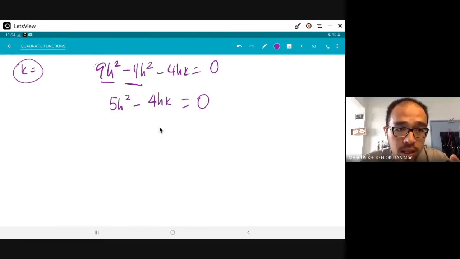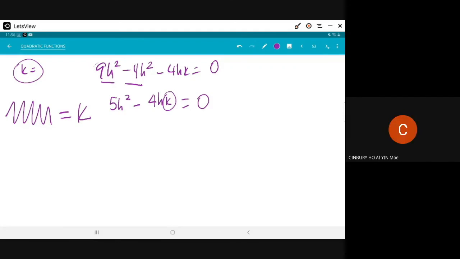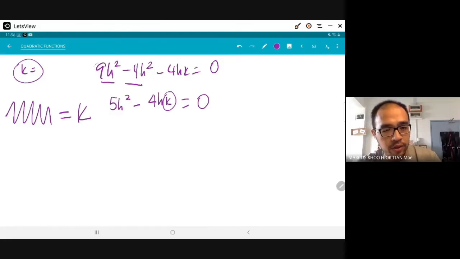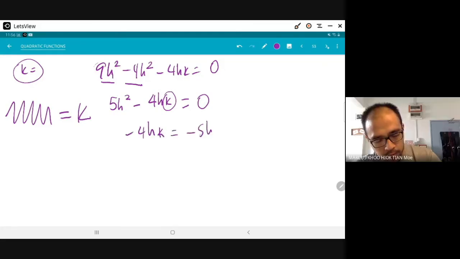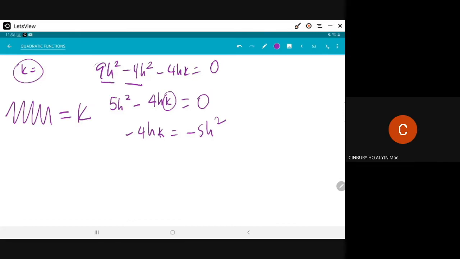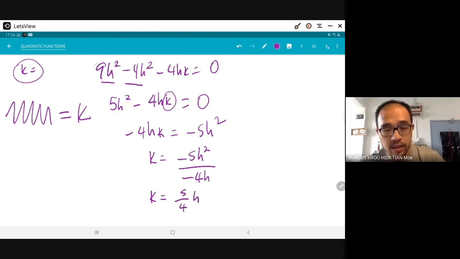After this, teacher, 5h squared move to the right side. Okay, tell me what to write. So negative 4hk equals to negative 5h squared. And then k equals to negative 5h squared divided by negative 4h. And then equals to 5h over 4. Okay, and this is my final answer. Good, it's a very good answer.